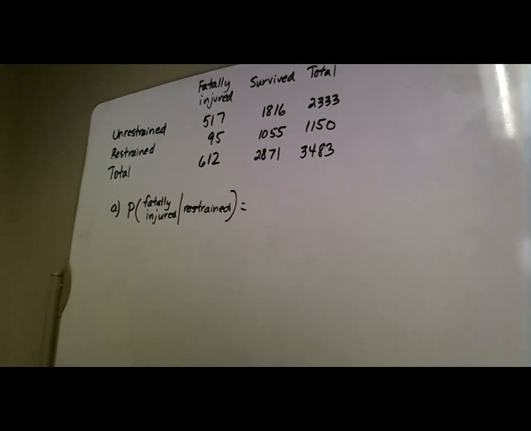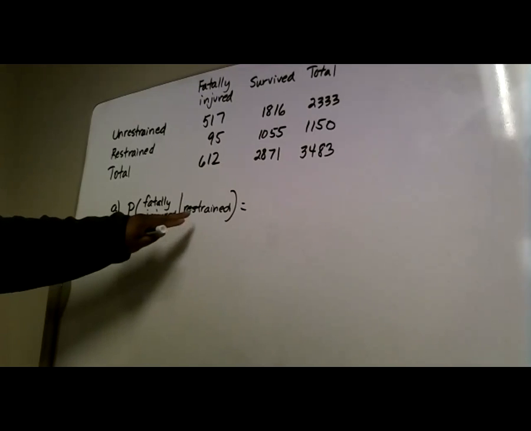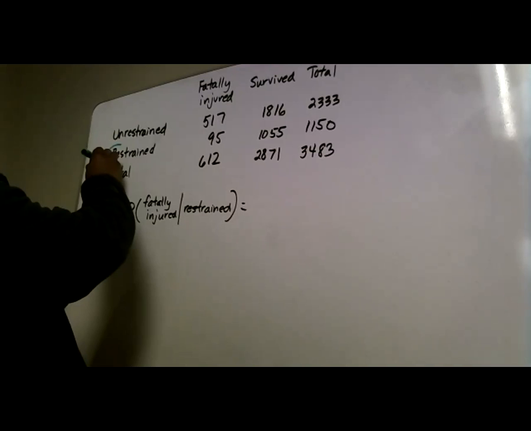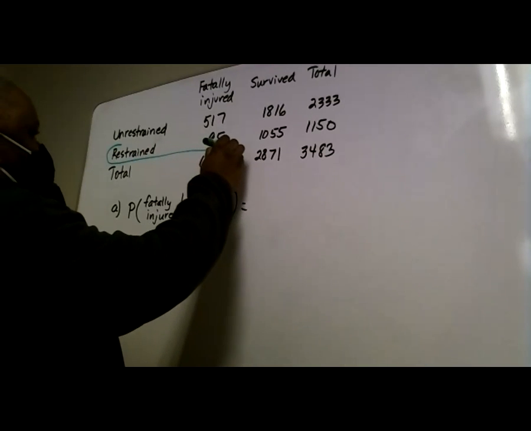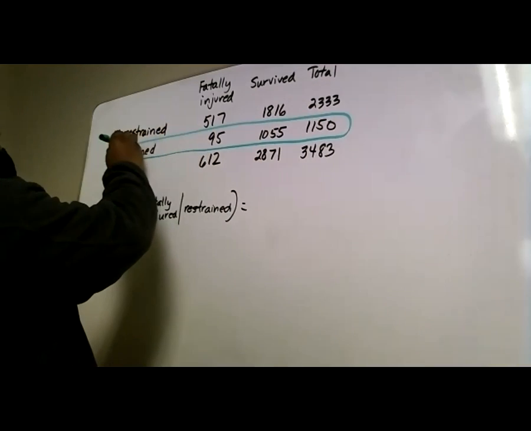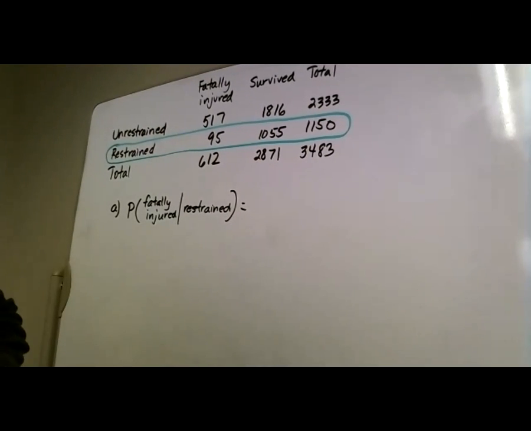Because in this case, we're given that the occupant was restrained, so the only thing we're going to be looking at is this row where the occupant was restrained.